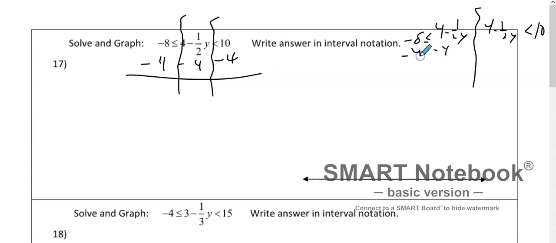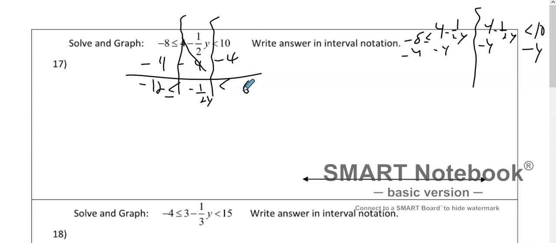It's just I'd have to do it 4 times. No big deal. Now when I do that, the 4's cancel here. I get negative 12 on this side, still less than or equal. I'm left with a negative 1/2 y, and less than 10 minus 4 is 6.